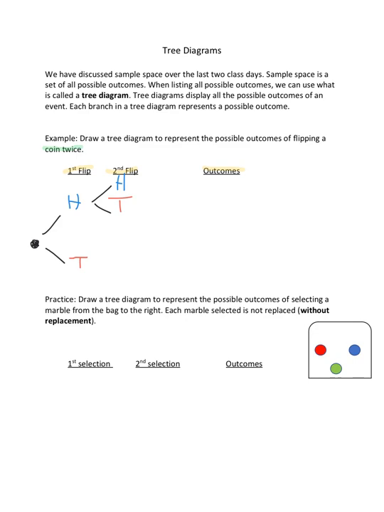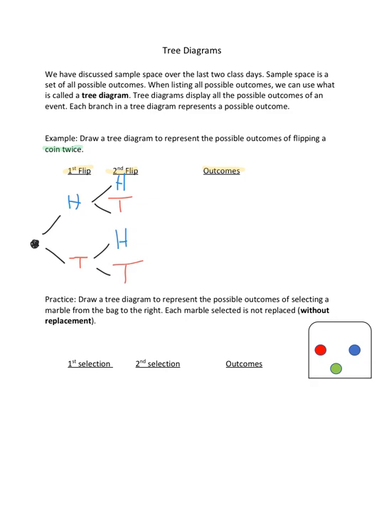Now, if my first flip landed on tails, once again I have two possible outcomes. I could land on heads, or I could land on tails. This tree diagram would represent the possible outcomes for two coin flips.